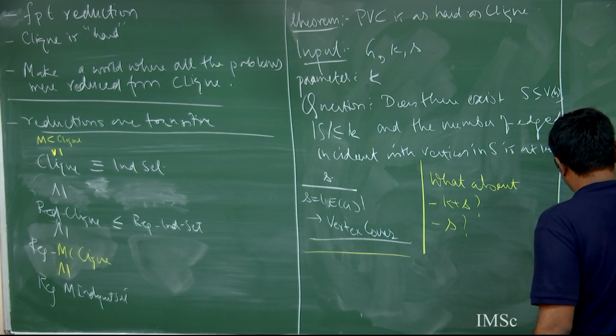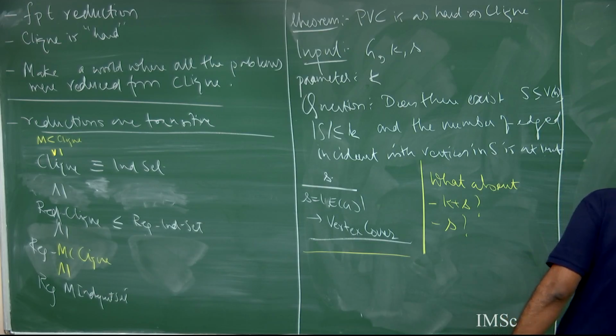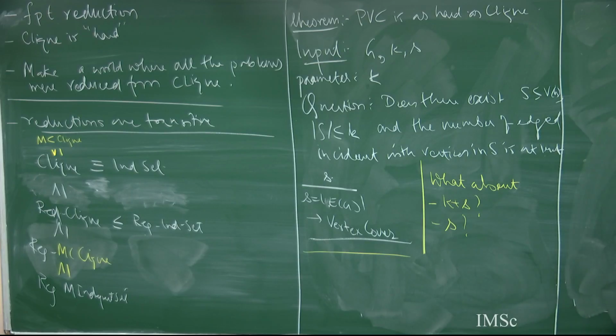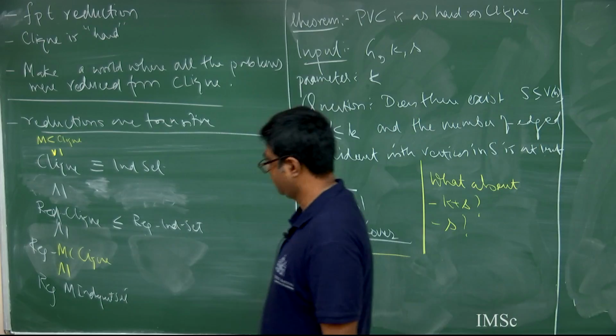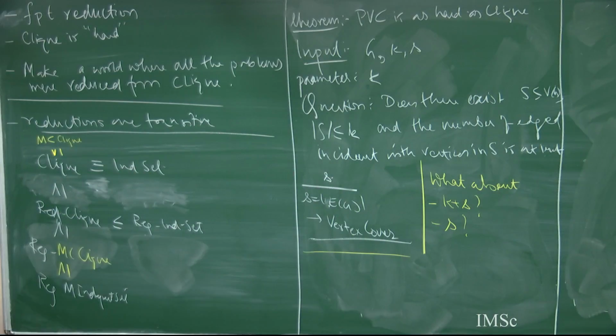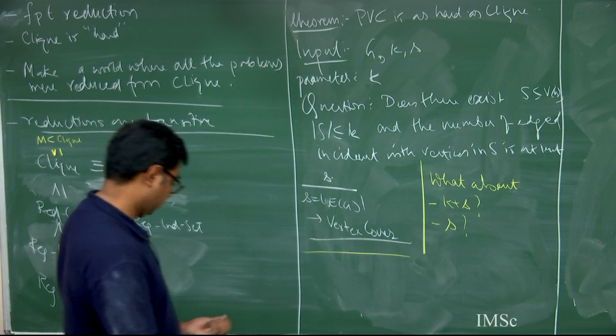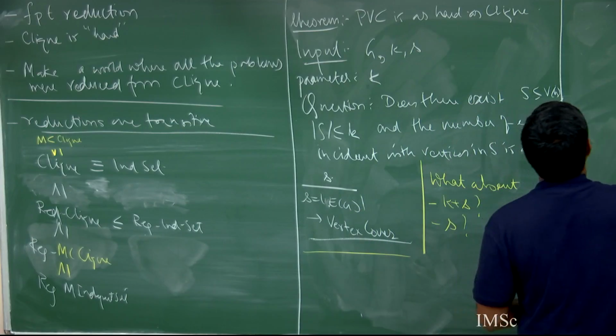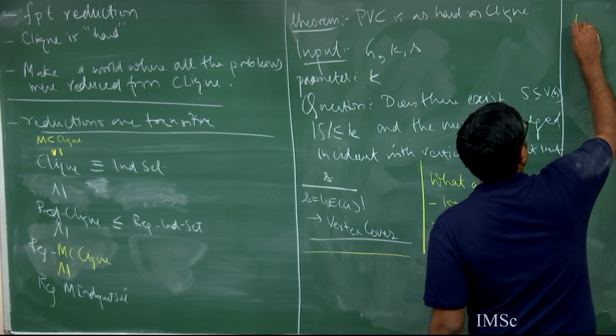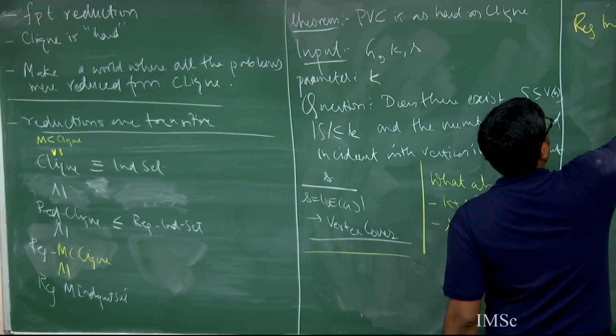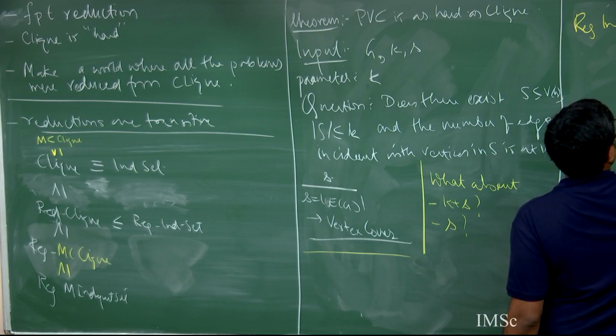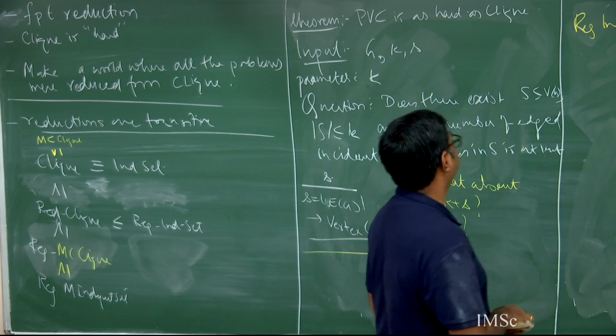So my hardness: what is an appropriate problem to start from? Rohani suggests that we should try from regular independent set to PVC, partial vertex cover.